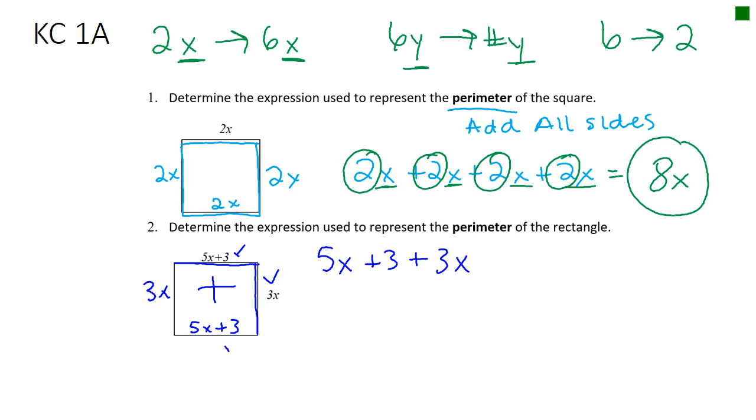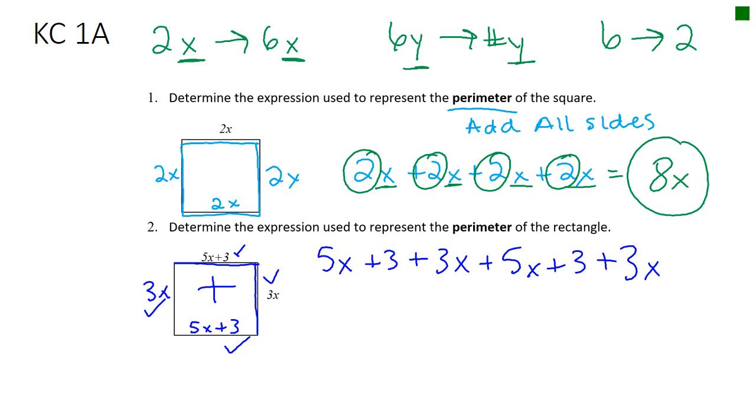Okay, and then I'm going to the other side. So plus 5x plus 3. And I'm missing the other one, 3x, check. I am adding all those sides already. Okay, after you write your equation, obviously this cannot be your answer. It's a very long answer. So we have to combine terms. To combine terms means that we are making our answer smaller.